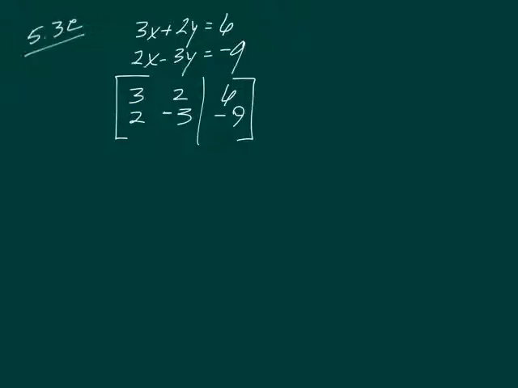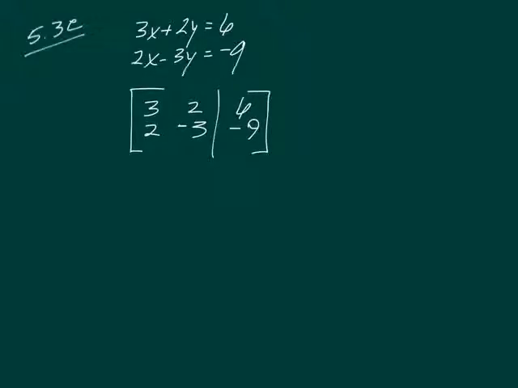So if I multiplied this bottom row by 3, that would make this a 6, this a -9, and this a -27.